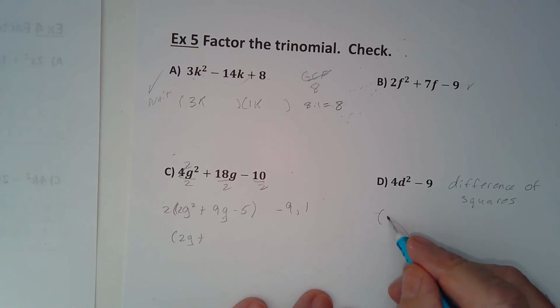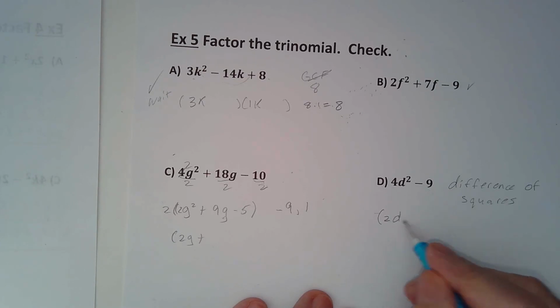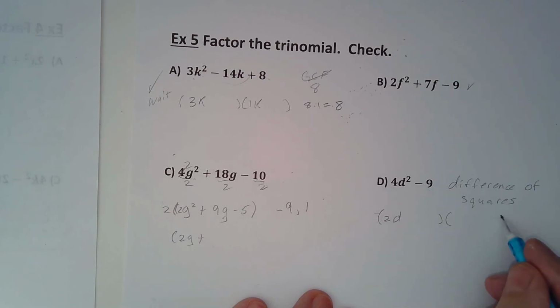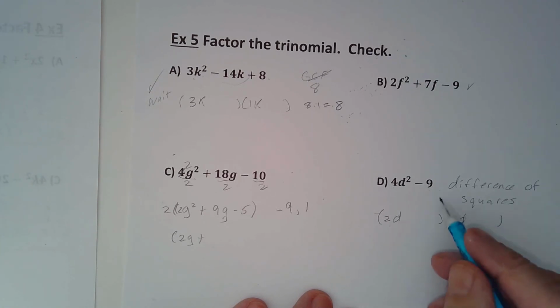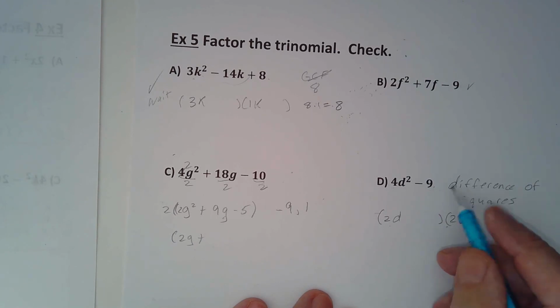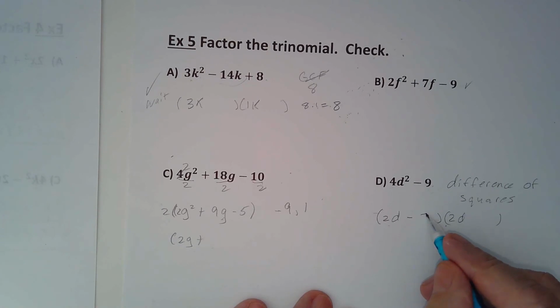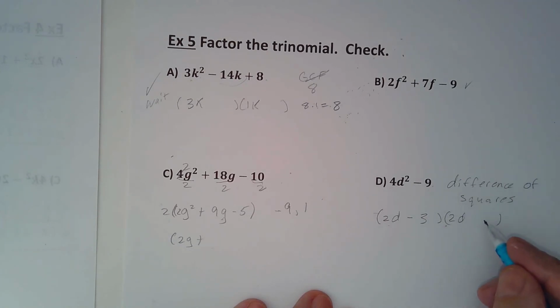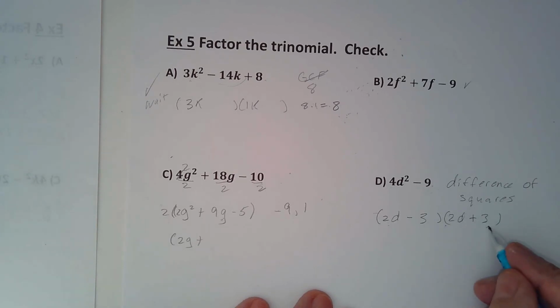Basically all you do is take the square root of each. So you've got 2d and 2d. 2 times 2 is 4, d times d is d squared. Over here, the square root of 9 is 3, but with a negative sign, so negative 3 and positive 3 give you negative 9. So you have to have negative and positive.